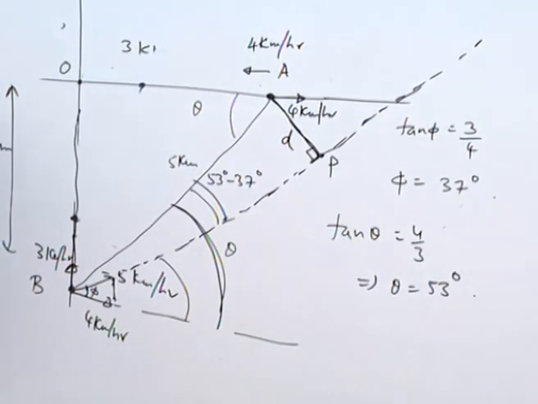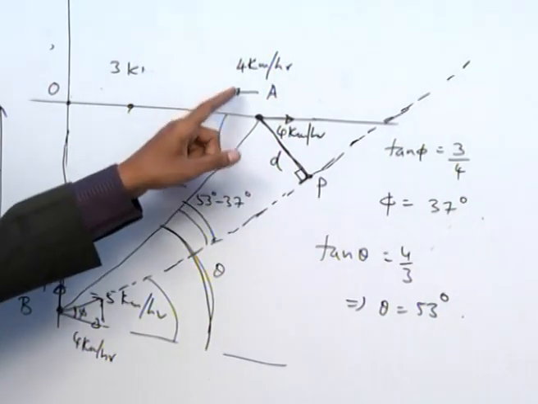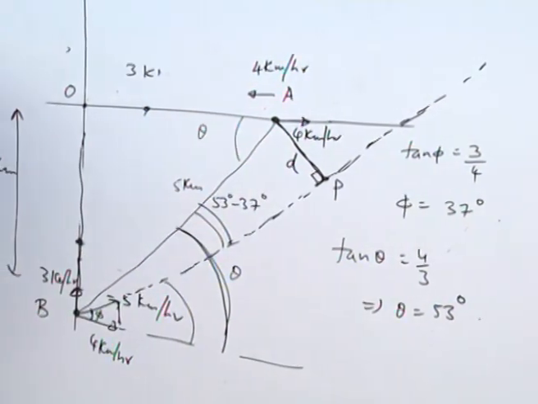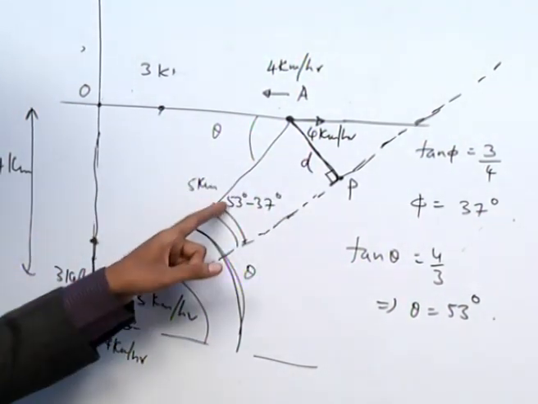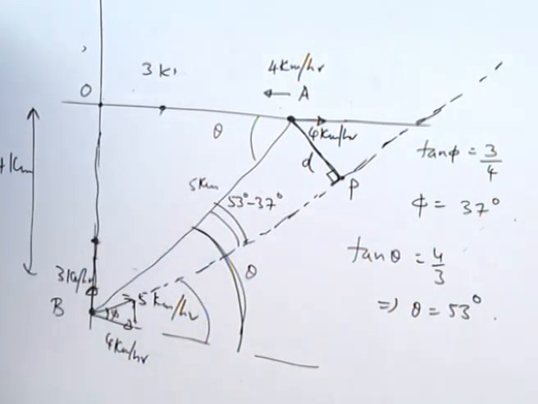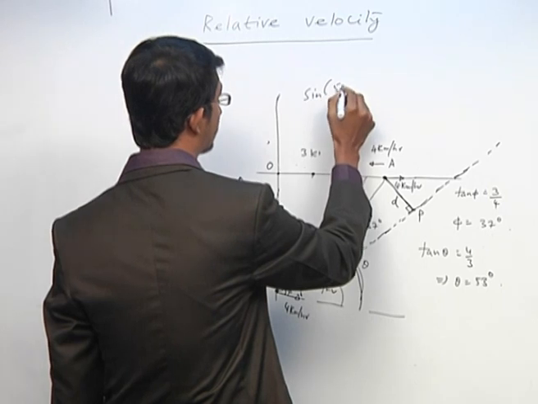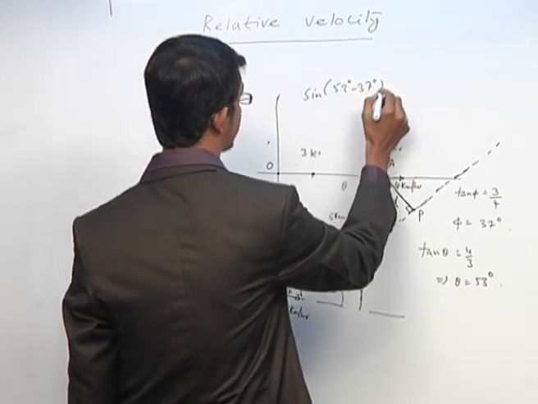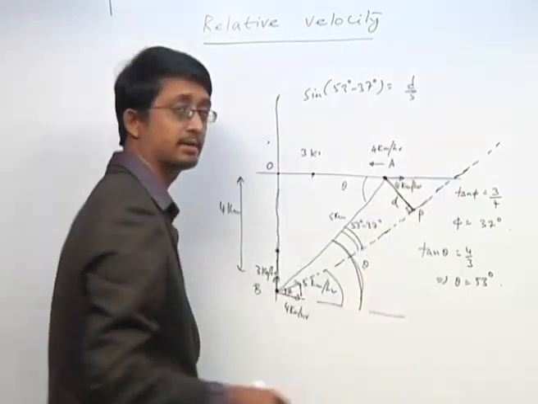Now it's very simple. I just have to calculate this D. I have this triangle APB, which is right angled. So sine of 53 minus 37 is D by 5. Sine theta is opposite by hypotenuse. So sine of 53 degrees minus 37 degrees is opposite by hypotenuse, which is D by 5.